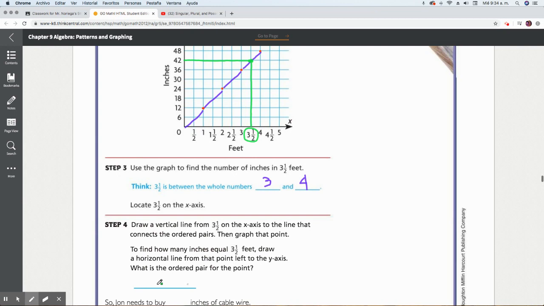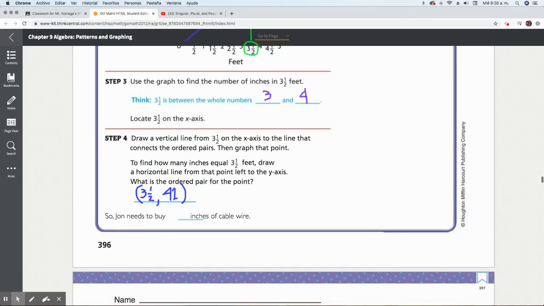So 3 and 1/2, comma, and the second number would be the number on the y-axis that I found by drawing a horizontal line that touches the y-axis, which is 42. Okay, 42. All right, so John needs to buy 42 inches of cable wire.